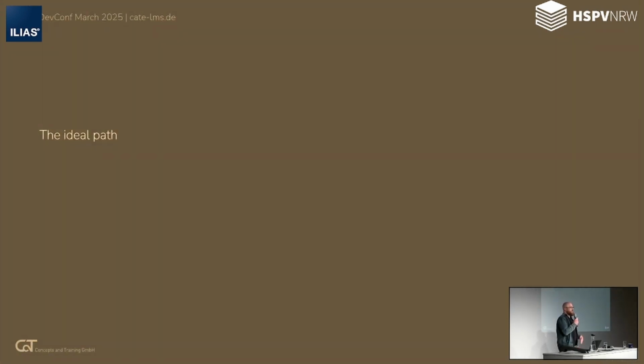All right, so let's have a look at somewhat of an ideal path to create a UI component. This is rarely the path that actually happens, but it would be a good path to strive for. So in the beginning, we have a need, which starts the whole thing. Then, continuing from this need, we shape a concept, we gather what the requirements are.